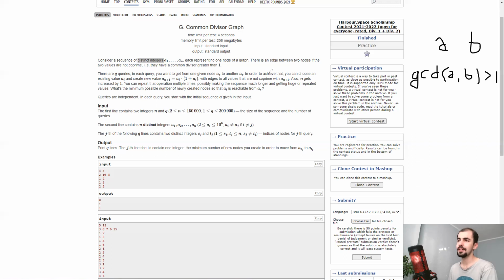Of course, we add new edges from this vertex to all vertices that are not coprime with it. Obviously n also gets increased by 1, so that you don't get duplicate vertices.